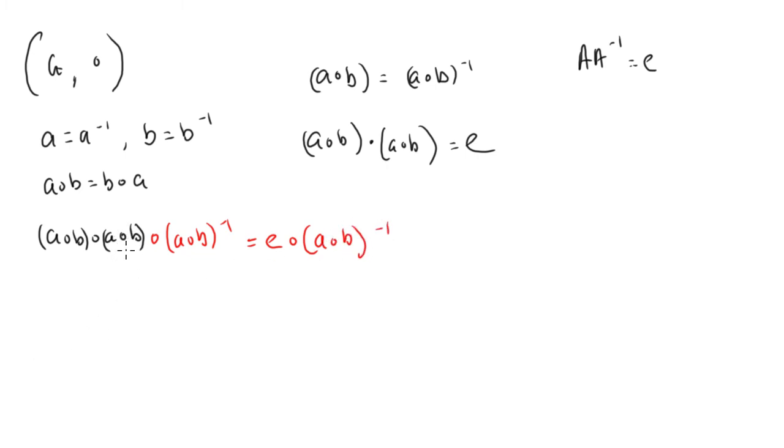Okay, and I know that any element times by its inverse is equal to the identity element, so the left hand side is going to whittle down to just A times B times by the identity element, which is the same as A times B, and this is equal to identity element times by the inverse, which is just going to be equal to the inverse. Okay, so this is equal to A times by B inverse. So I've shown that AB itself is self-inverse.